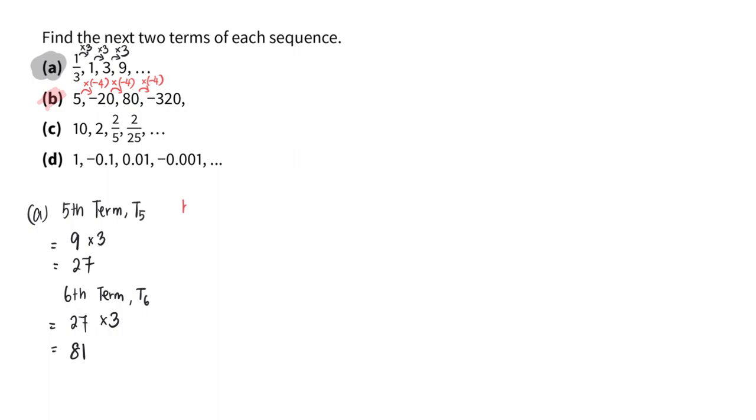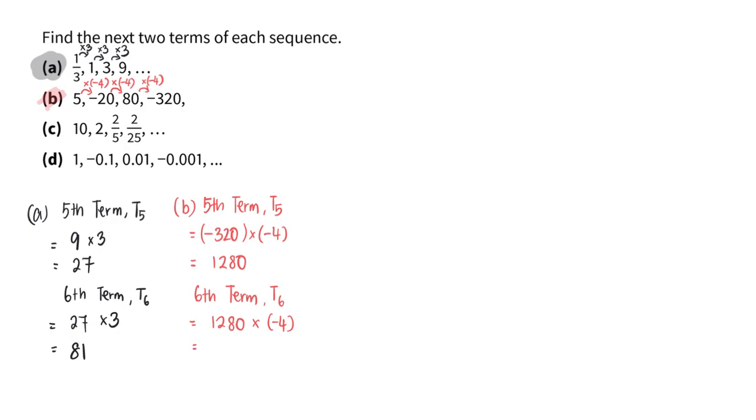So for part B, which I will write here, my next 2 terms would then be pretty straightforward already. All I need is to multiply by -4 2 times. Yeah, and this will give me 1280, and this will give me -5120.